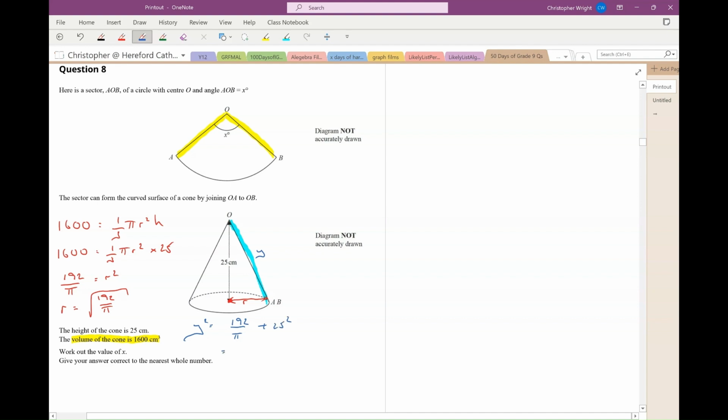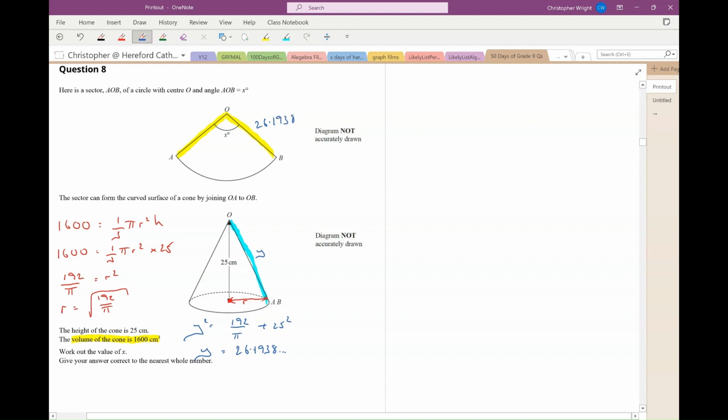On my calculator I do 192 divided by pi, add on 25 squared, and square root my answer. That tells me that y is 26.1938 and so on. So that is the length from O to A, which is also the length from O to A and O to B on this diagram up the top.